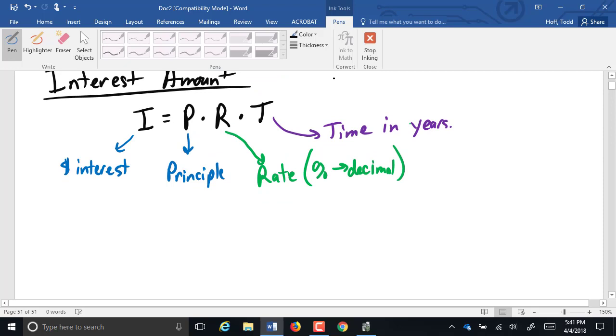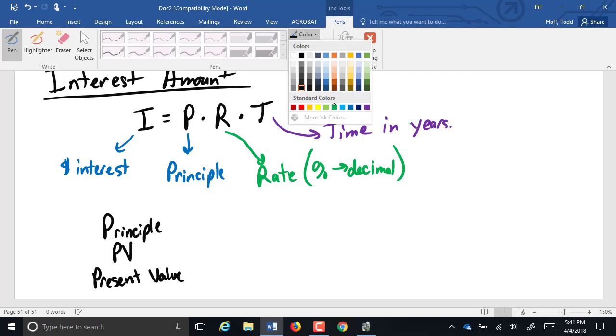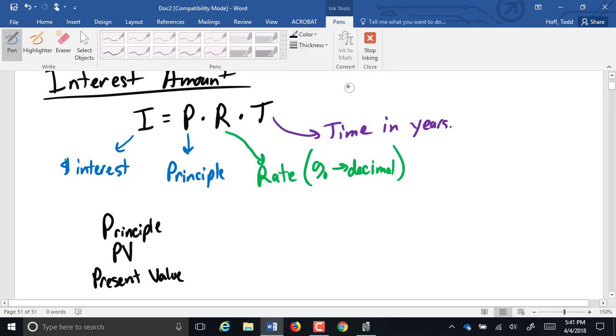Every loan starts with a principal, often called PV or present value. Present value is what it is worth in the present, or what it's worth right now. And that can be thought of as a timeline similar to what we did with our invoices.